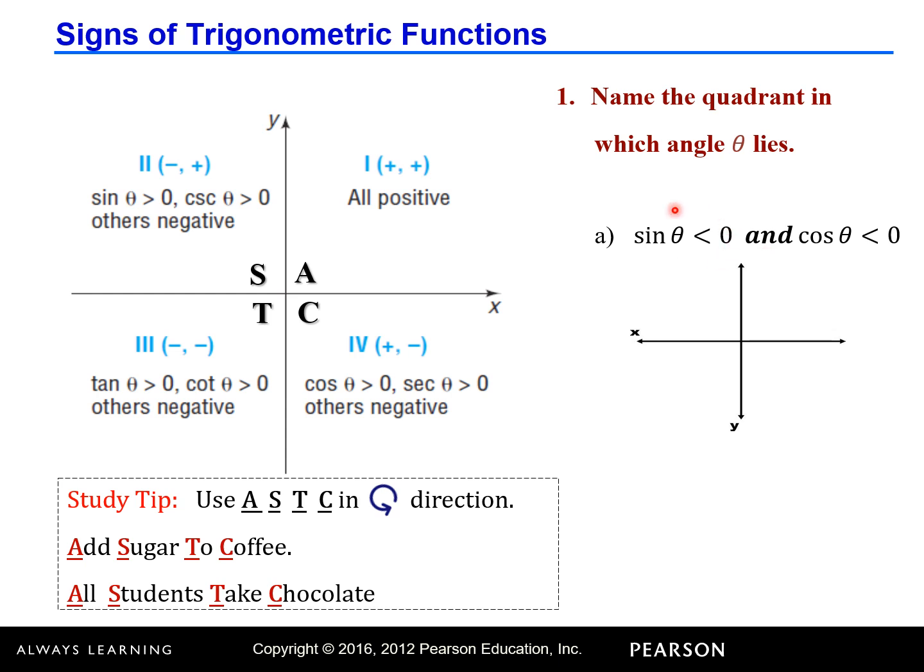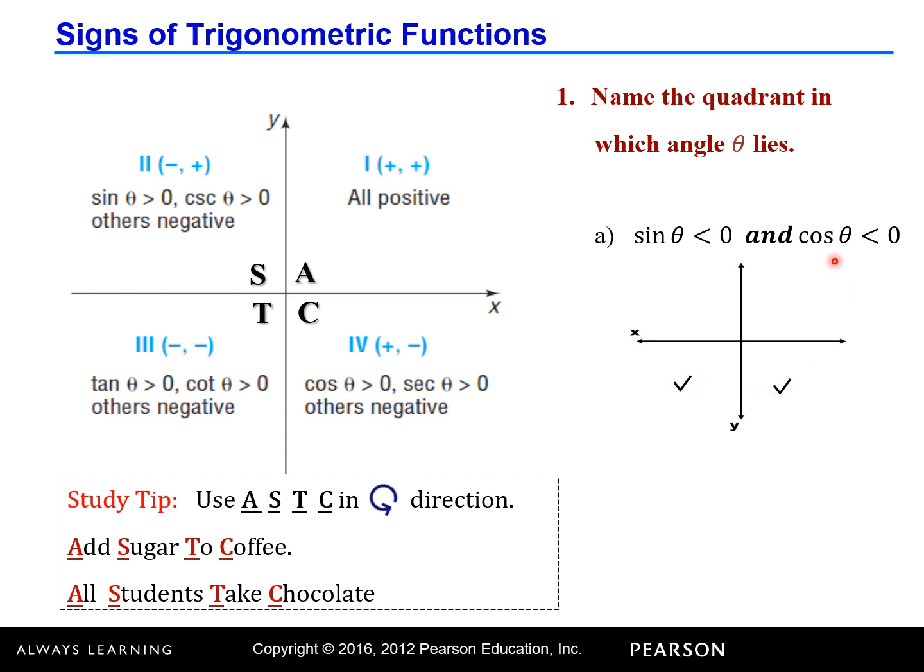For example, sine theta is negative. If we look at these signs of trigonometric functions, A means all and S stands for sine. So in quadrant 1 and quadrant 2, the sign is positive. Quadrant 3 and 4 is where the sign is negative, so we will tick quadrant 3 and quadrant 4.